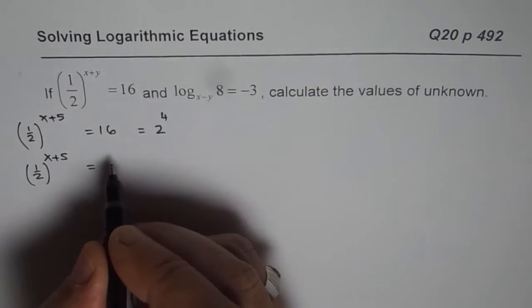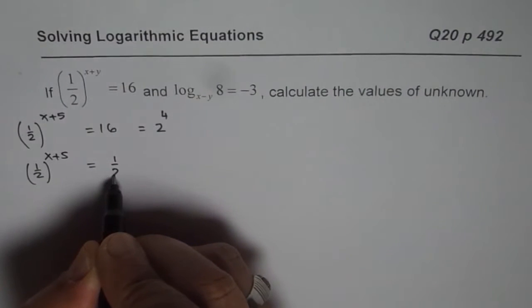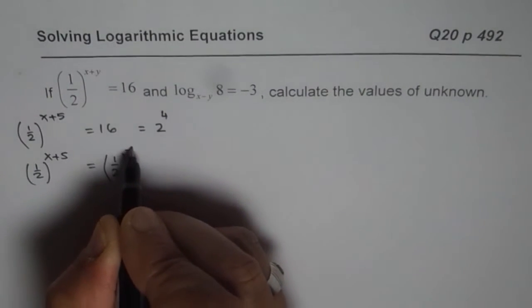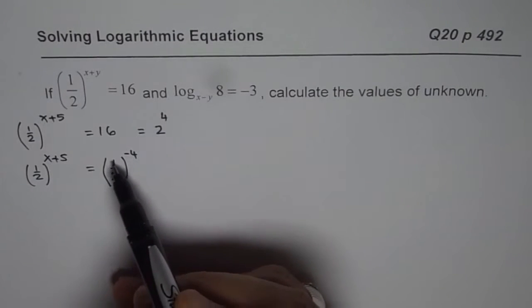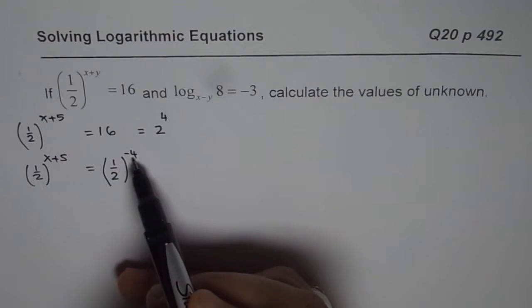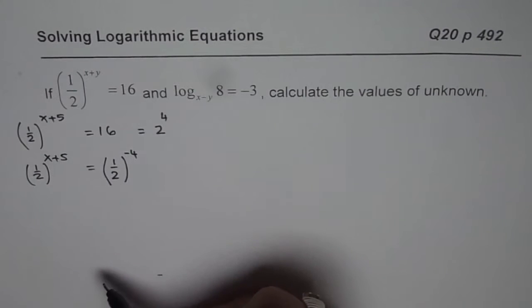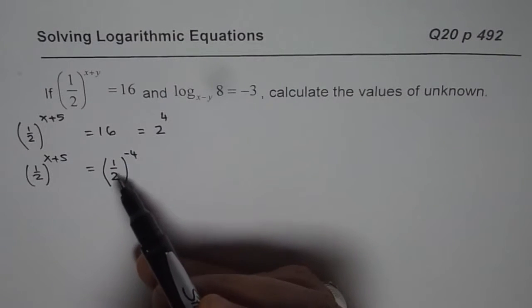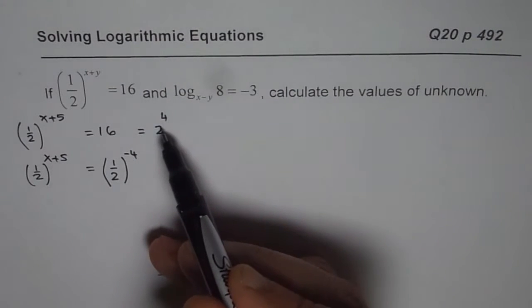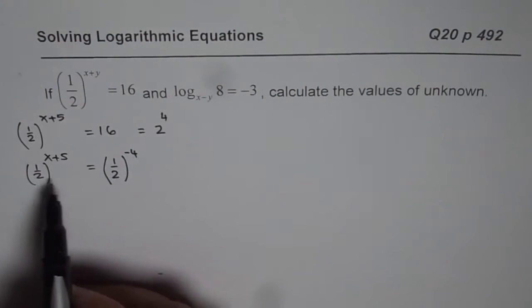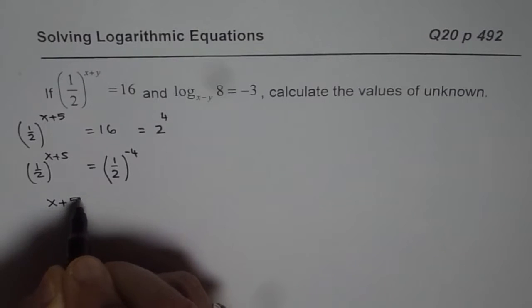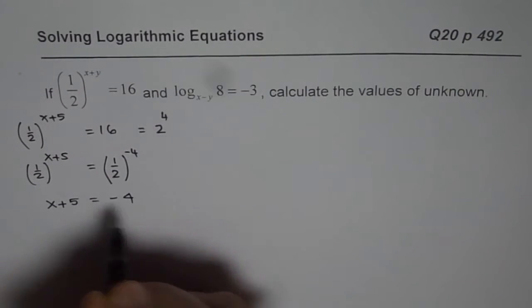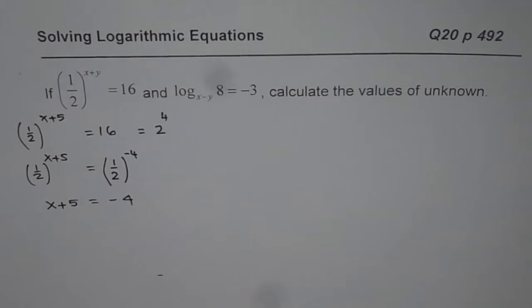That is half to the power of minus 4. If I write half to the power of minus 4, you can see I get 16, correct? The minus makes it 2, so we get the same thing. Since I have the same base, I get my equation, which is x plus y equals minus 4. So that is my first equation.